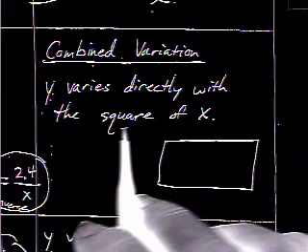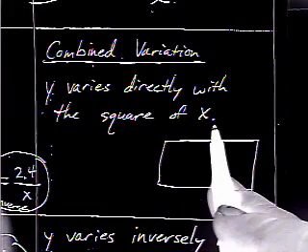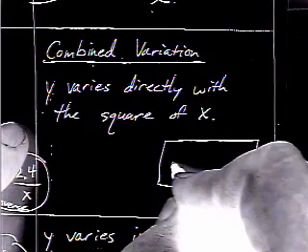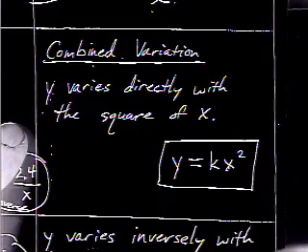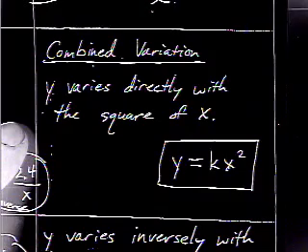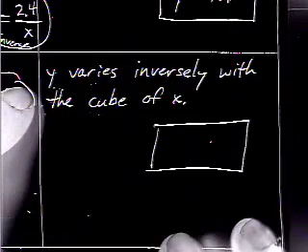Y varies directly with the square of x. So here is a different direct variation. We talked about this one in section 2.3. But this one is y equals kx squared. Notice nothing was mentioned of k, but you have to remember it. What about this?